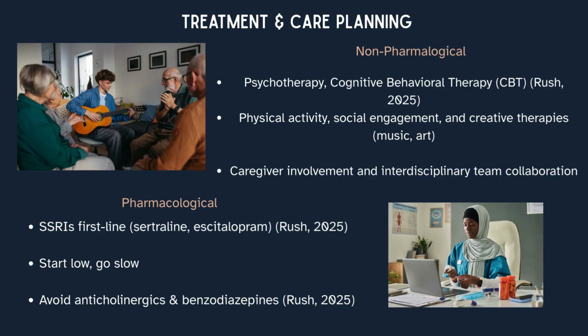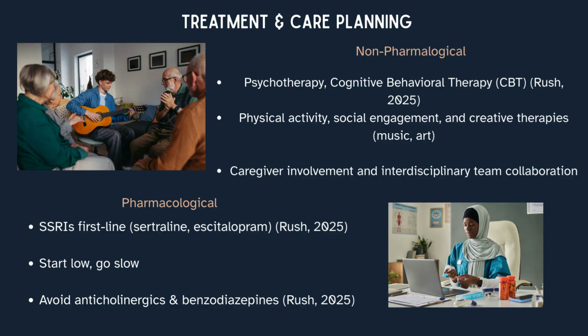As with any treatment and population, we should always start with non-pharmacologic as appropriate. Some of those strategies include cognitive behavioral therapy, or CBT, physical activity, social interaction, and music or art therapy.